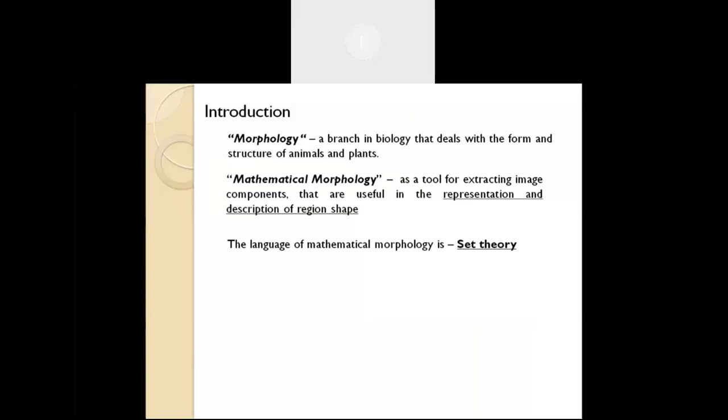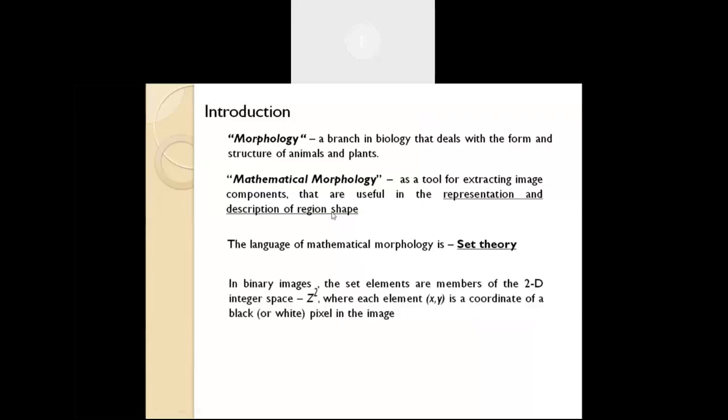The basic language that we use here for mathematical morphology is set theory, which all of you have already studied. So we basically use the two-dimensional integer space for representing a set.